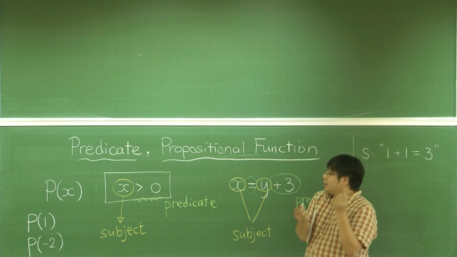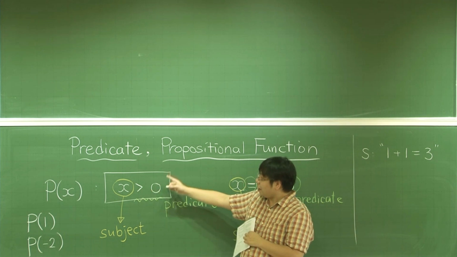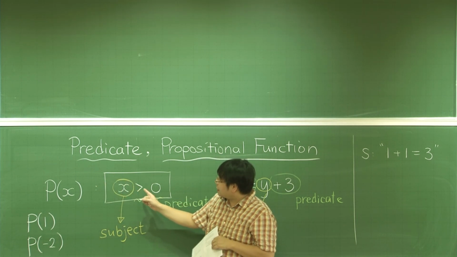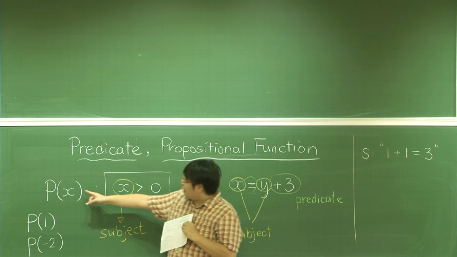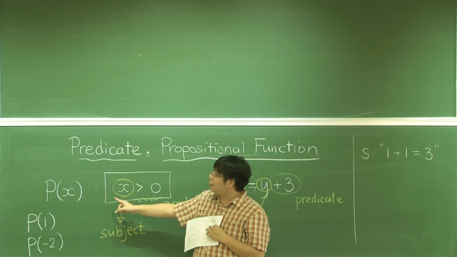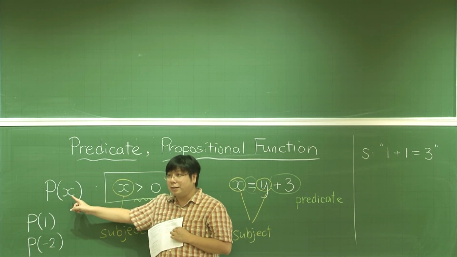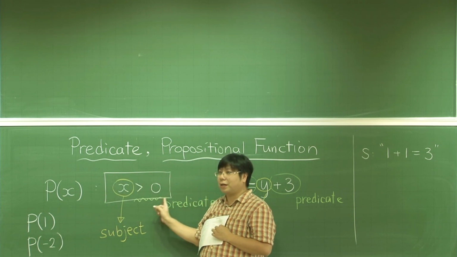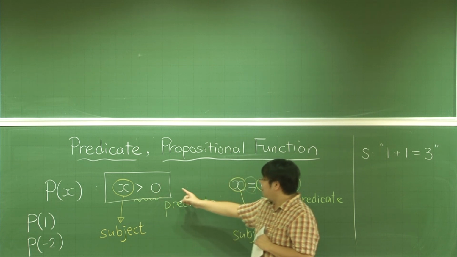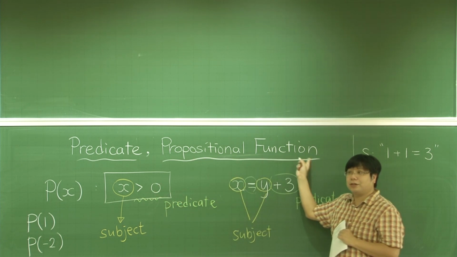Okay? So here, this is also a function. But this function is special. This function always transforms an input into a proposition. So you give some input to this x, and suddenly you are talking about a proposition in the end. Is that okay? So we will call it a propositional function.